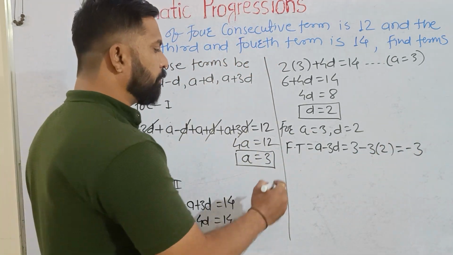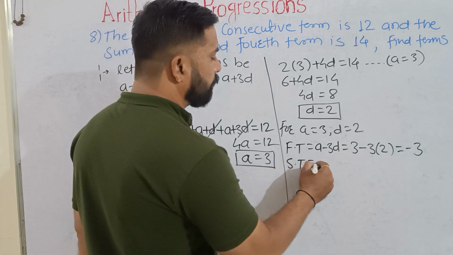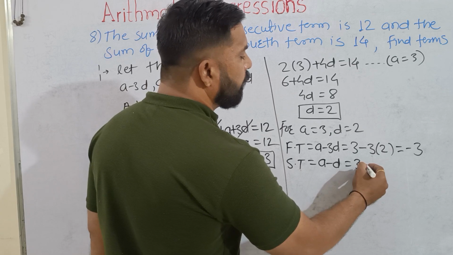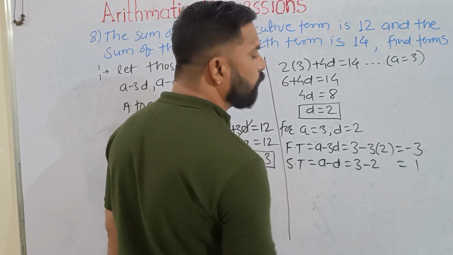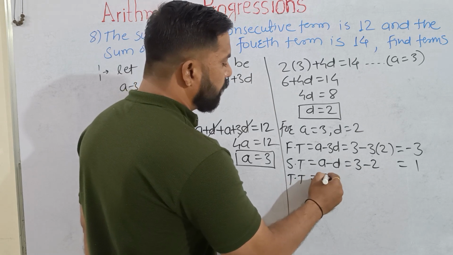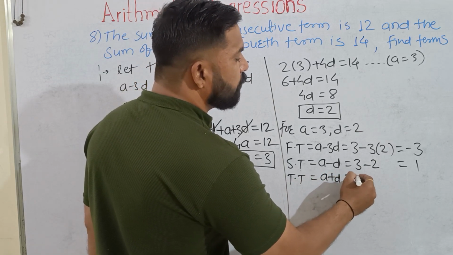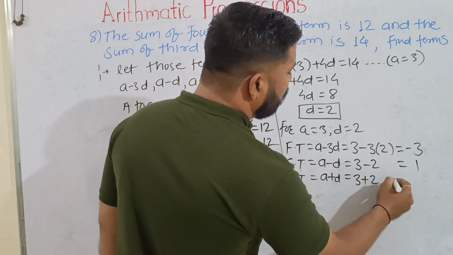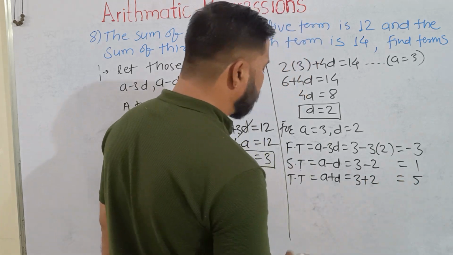Easy. Second term: only a minus d. A is 3 and d is 2, which is equal to 1. Third term, a plus d, which is 3 plus 2, which is 5.